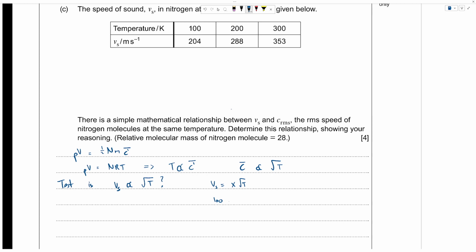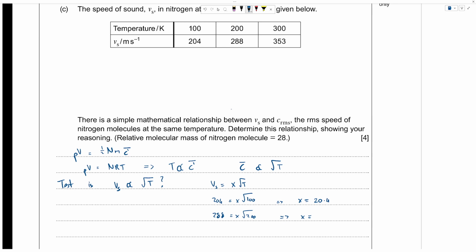So 100, oh, whoops, that's not the V. So this type of test is pretty common. It's a pretty common thing in these types of exams.